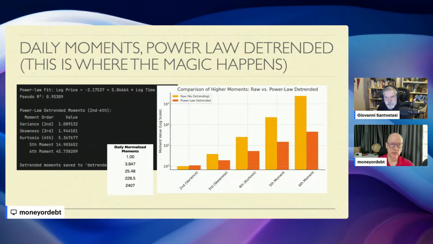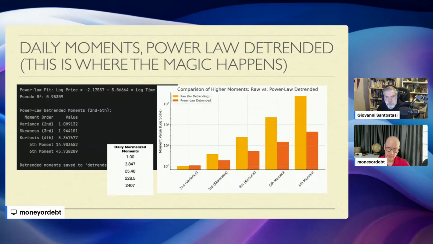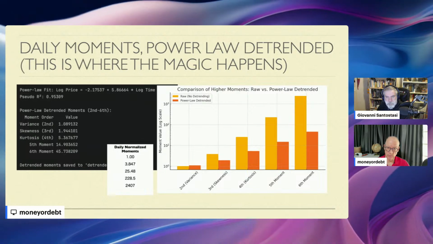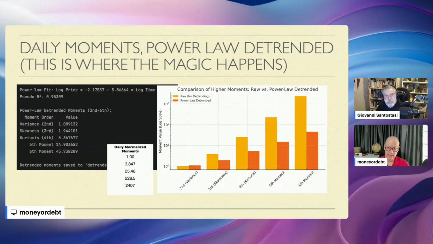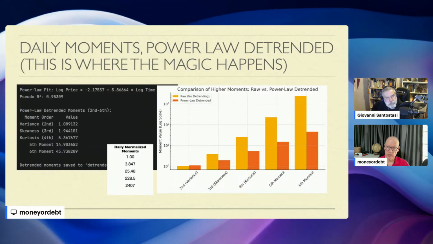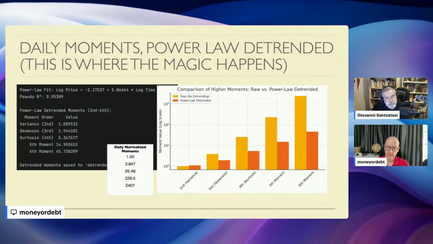Now let's move on to power law detrending, because this is where the magic happens. So the first thing I do is just a quantile regression, as we've often done before. And you see the equation there for that. It's a 5.87 power. This is the median of the quantile regression, 0.95 r squared.